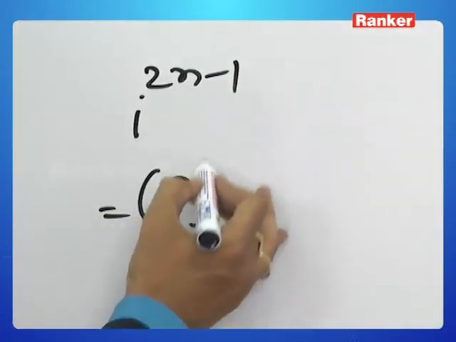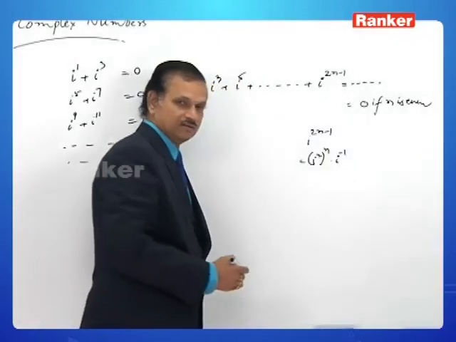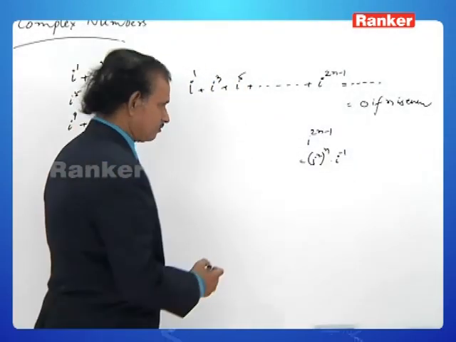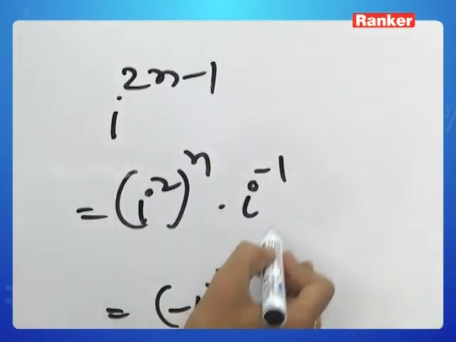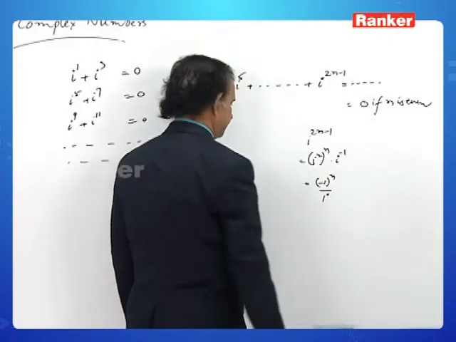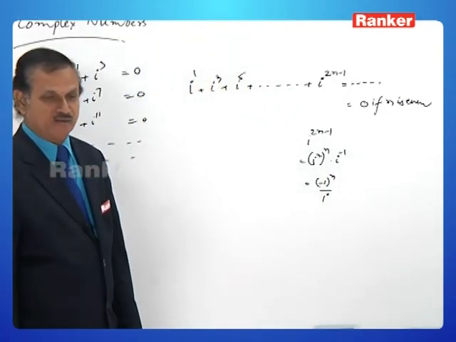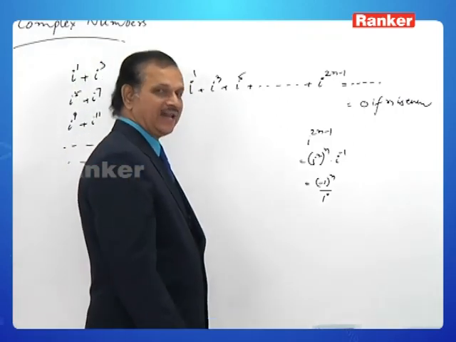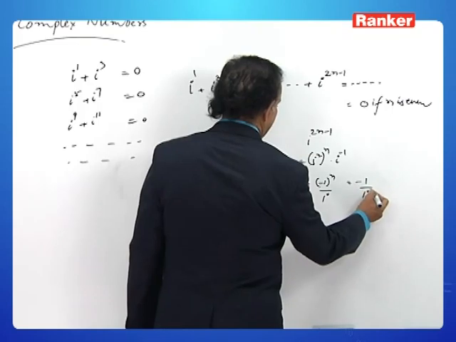It is i square whole power n into i power minus 1. Isn't it? Yes, of course. That is i square whole power n by i. What is n? We are discussing n as an odd number. Minus 1 whole power an odd number is again minus 1, divided by i.